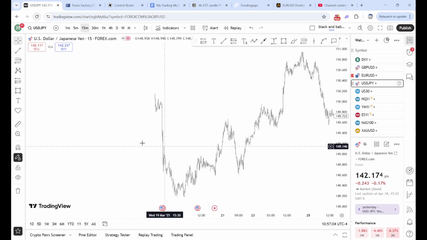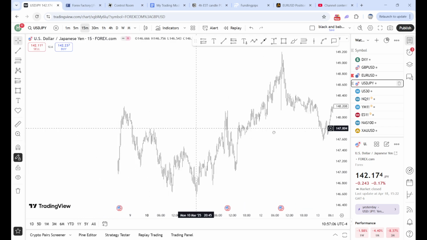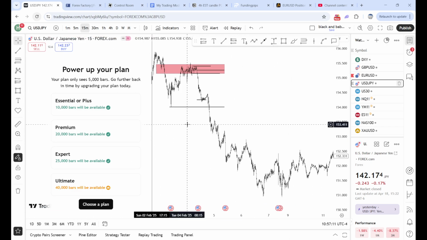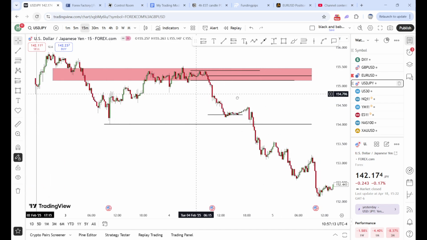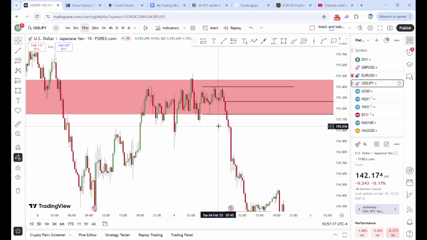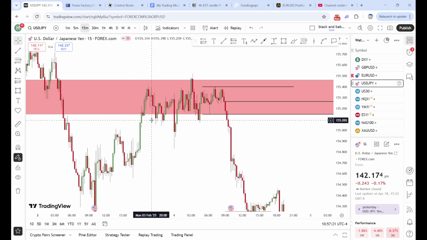Whenever you get it confirmed, it means that the 4 hour is starting to flip bearish as well. That's when you start looking for 4 hour power of threes, open, high, low, close, or vice versa. So right here, 3 candle wick swing lows.